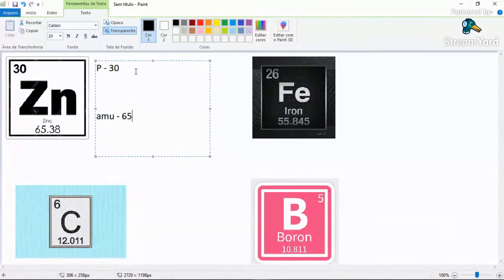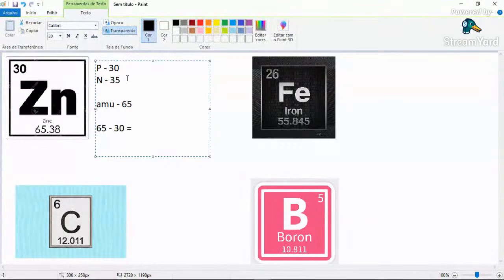So I have 30, and I have 65, and I need to find out how many neutrons there are. I don't know, so I'm just going to do a little math. 65 minus 30 equals what, guys? Who's good with math? It's 35, right?